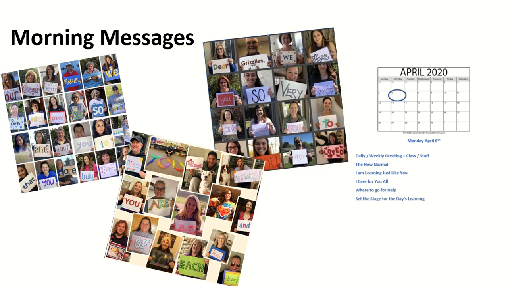We can do this through a variety of avenues. Many sites have been posting on social media how much they miss their students, and those have been so wonderful to see. Another option is through a morning message.